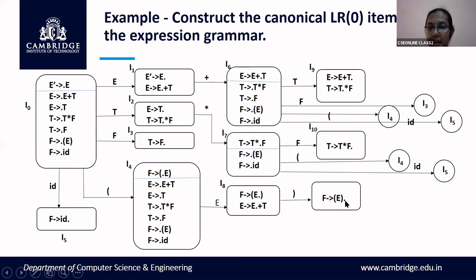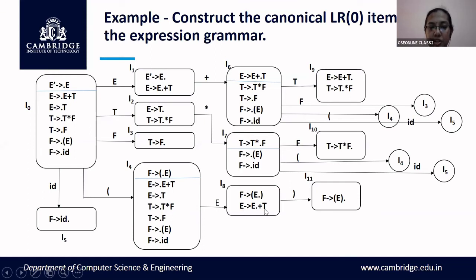Okay, that's it. Dot is not followed by anything. It is a final state or a reduction state. So don't worry about it, and name this state as I11, because this is not a repetition. It is a new state. This is not repeated anywhere in the automata so far, and hence name that state as I11.